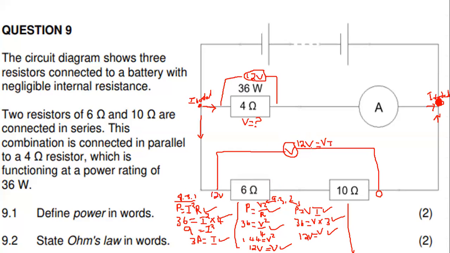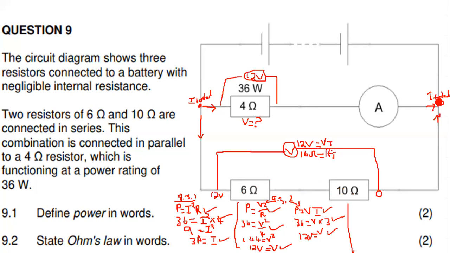This is VT. And then the total resistance in this line only is going to give me 16 ohms because in this line only, they are connected in series. So for this pathway, I'm going to add the resistors. It will be 10 plus 6. It will give me 16 ohms altogether, my dear learners. So this is only applicable to this pathway.